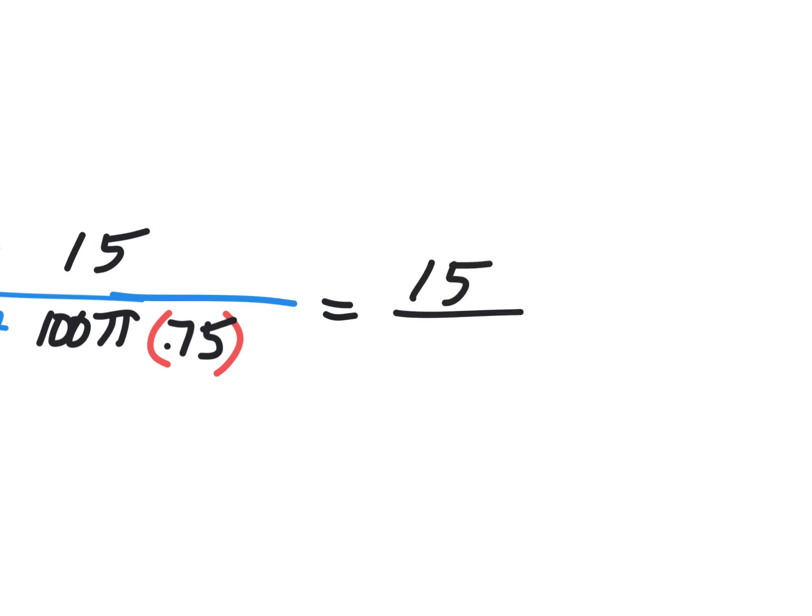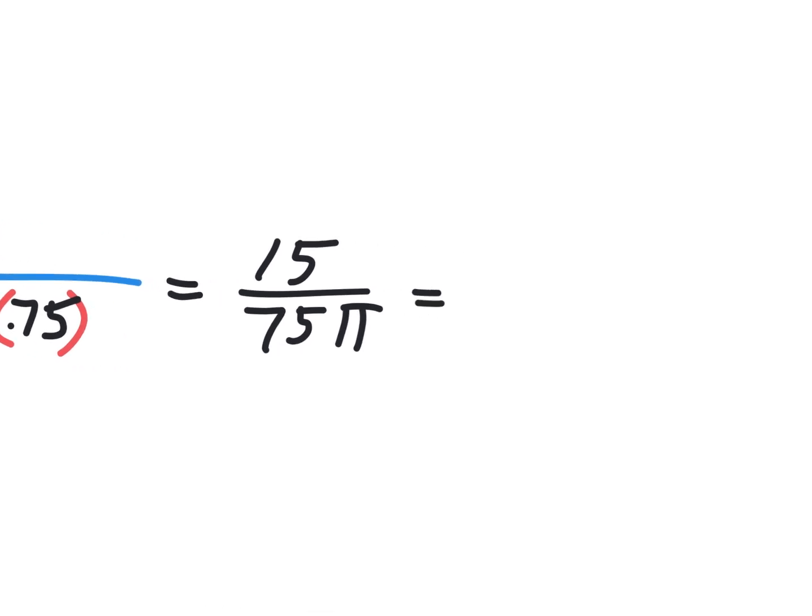Isn't it? Oh, you've simplified it way further than me. Did you start with 15 over 75 pi? Yeah. Awesome. And then that reduces to 1. Oh my gosh, you knew that 15 went into 75. Nice. 1 over what? 5 pi. You are correct. Nice job.